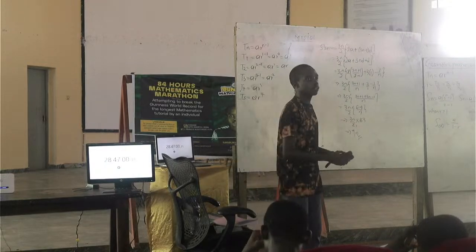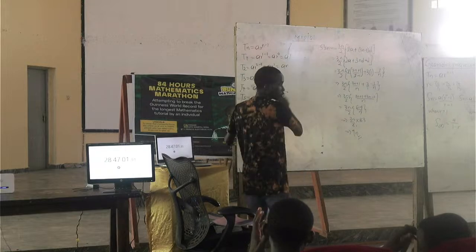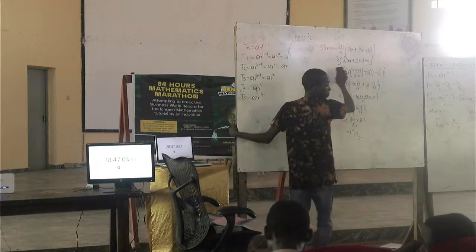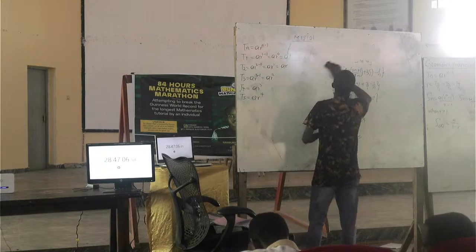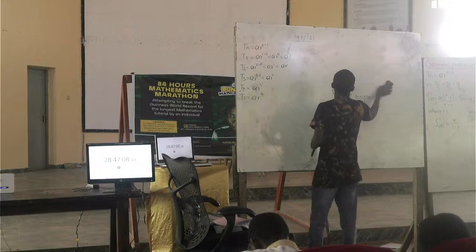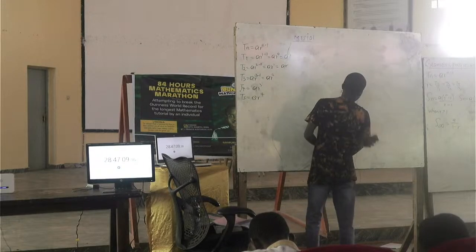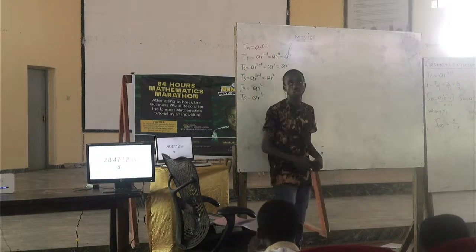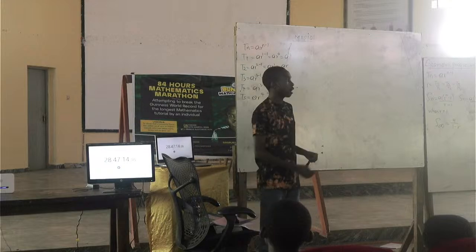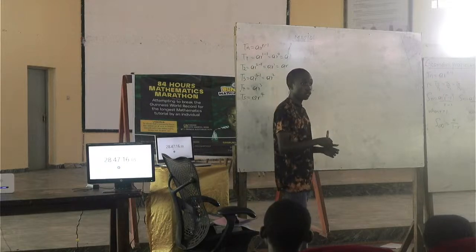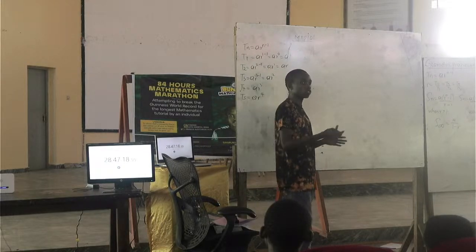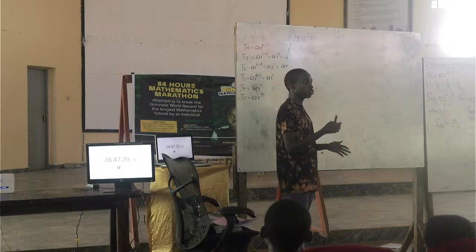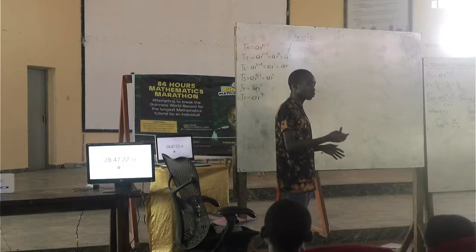Now if you take a look at that question, can I clean this part here? You know that I explained to you that you can adjust your arithmetic progression to the back, yes or no? The same way you can adjust your arithmetic progression to the back, the same way you can adjust your geometric progression to the back.